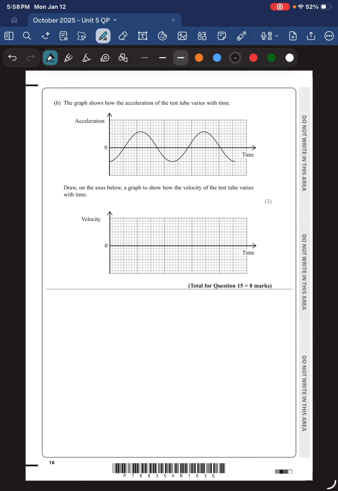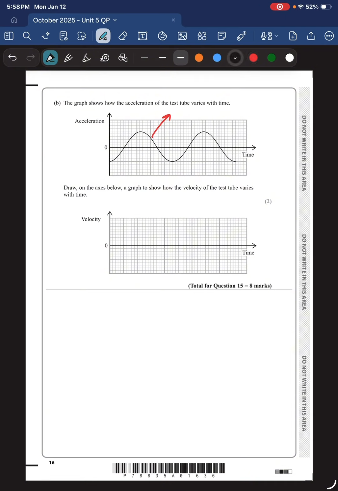And last but not least, the graph shows how the acceleration of the test tube varies with time. Draw on the axis below a graph to show how the velocity of the test tube varies with time. Okay, there are many ways to do this. For this one, I decided to actually write down the equations. So what's the equation describing this graph?